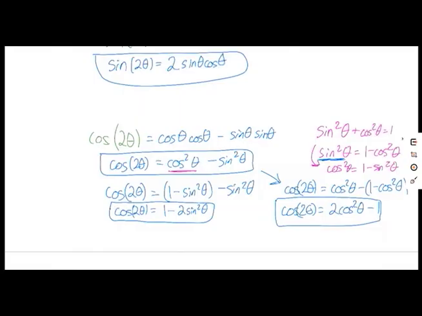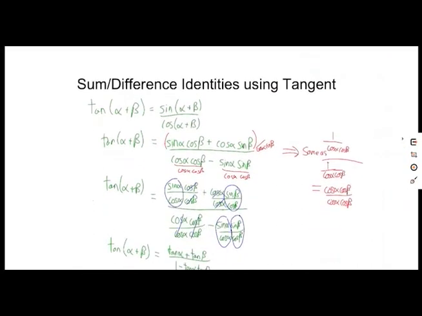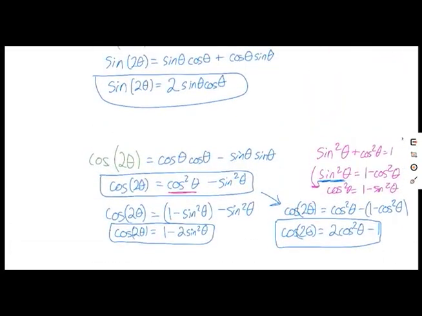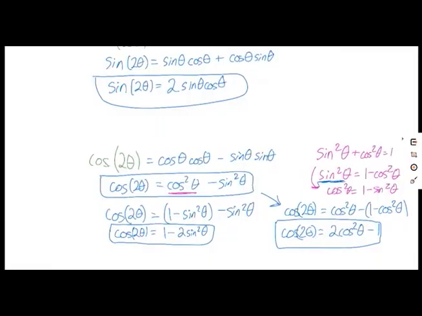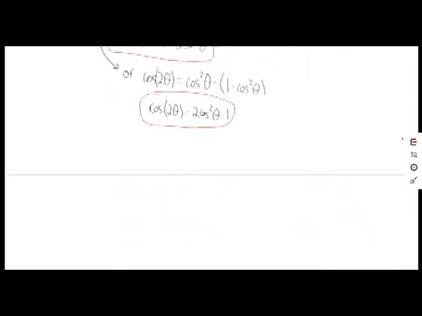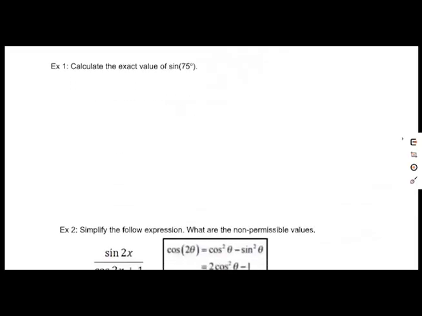Okay, so let's move on. Two more examples for us to look at. We're going to start by finding the exact value of the sine of 75 degrees.